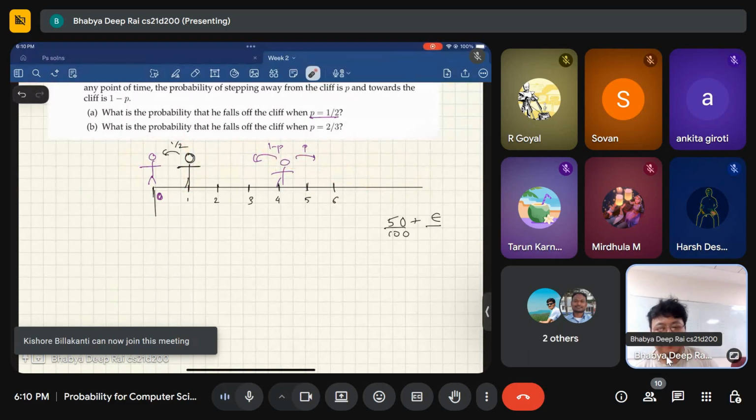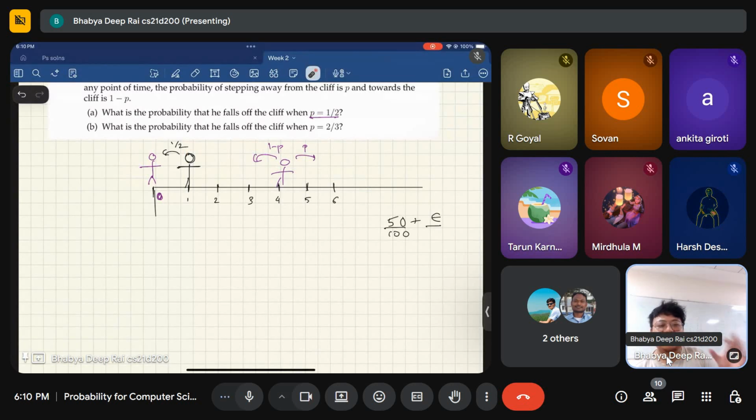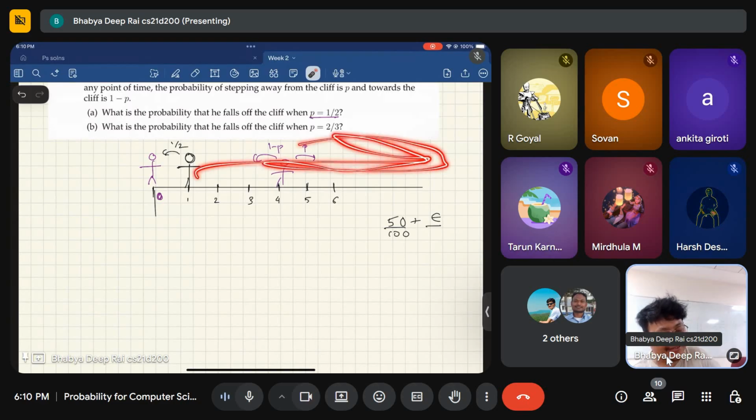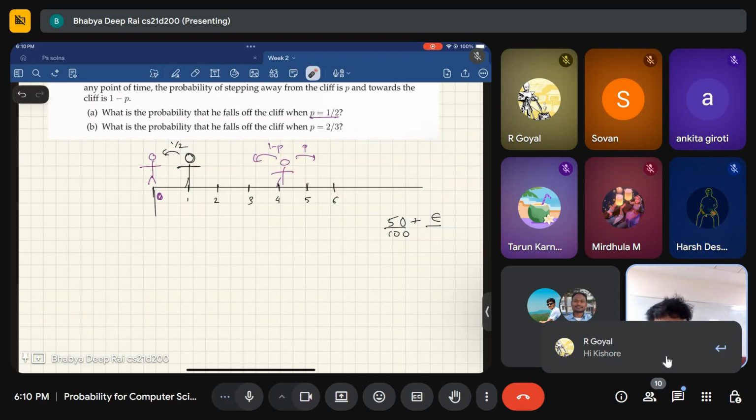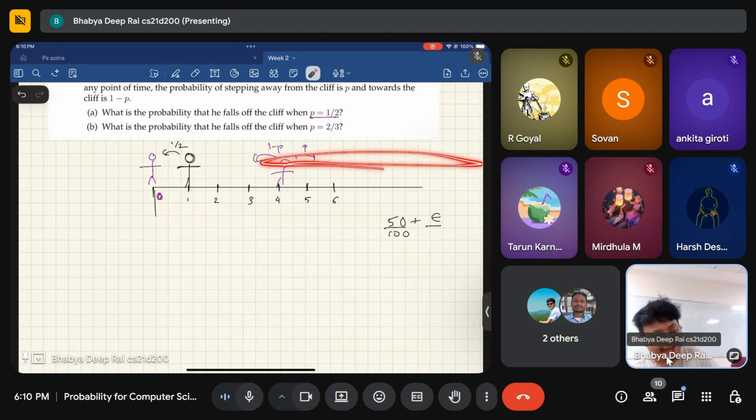But somehow it feels like the probability of that happening is very low. It makes more sense that he always meanders around here, and since this part is infinite, he is stuck around here and never falls.